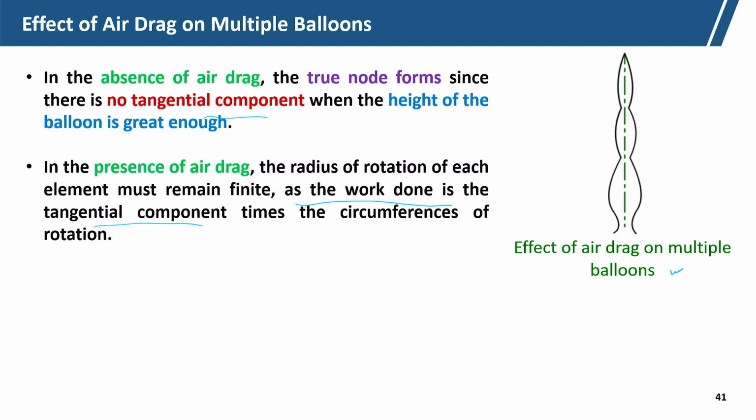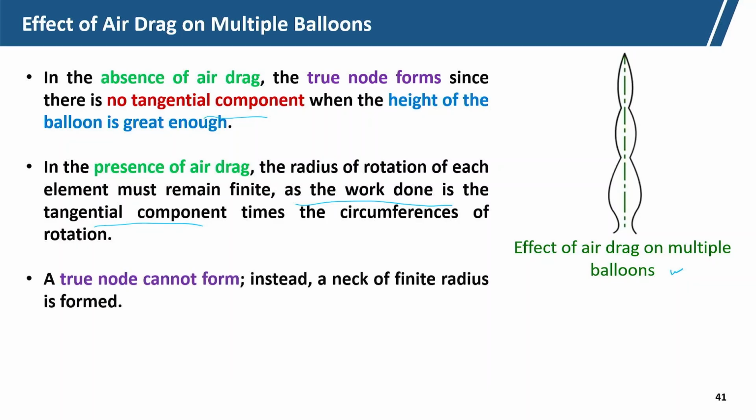So, that is why a true node cannot be formed, and instead a neck of finite radius is formed. So, there will be neck formation.